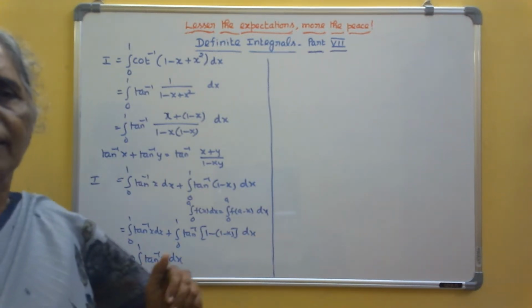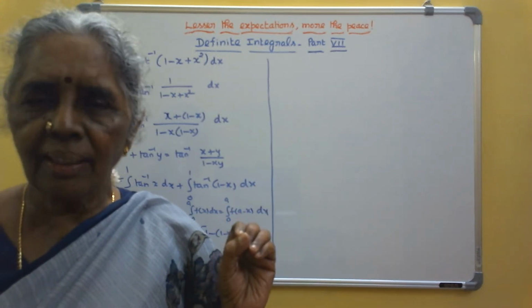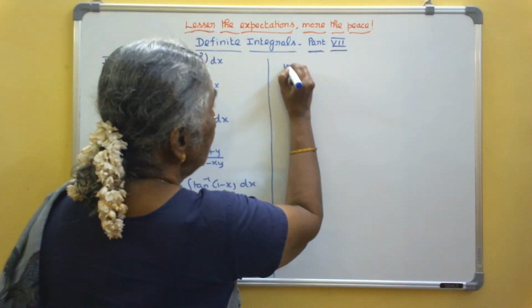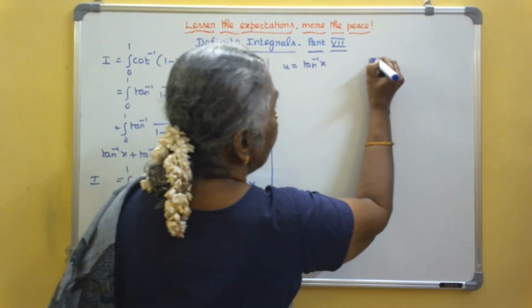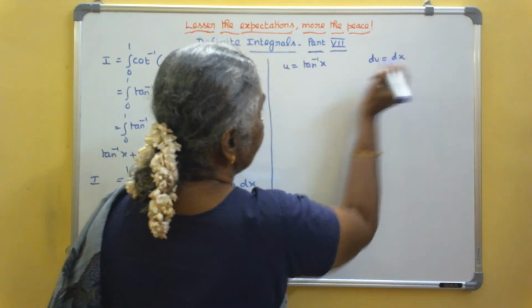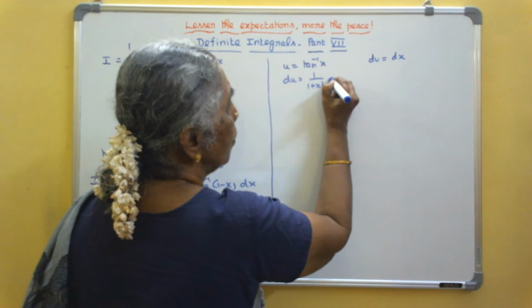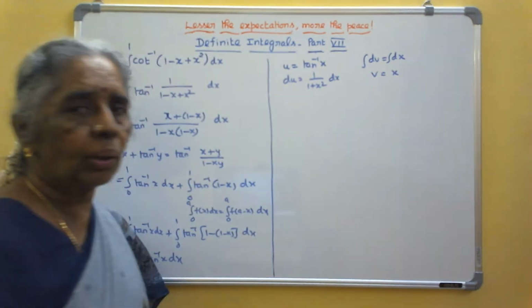You know, this is a straight, simple sum which you can integrate using integration by parts. So u will be the tan inverse x function and dv will be dx. So du will be 1 by (1 plus x squared) dx, and if you integrate, v will be equal to x.